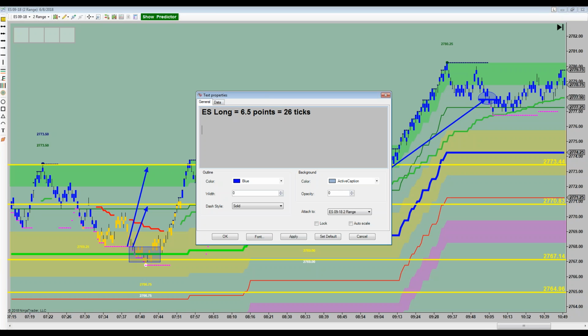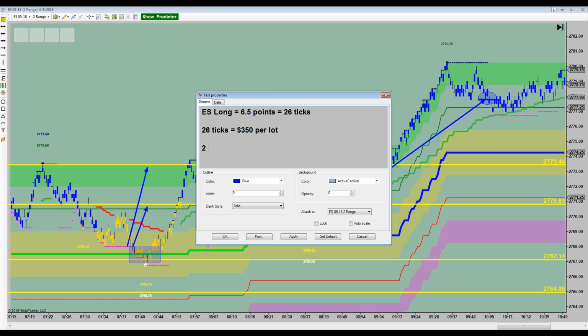And 26 ticks equals how much? Times 12.5. Anybody got a calculator handy? I don't have my calculator handy. Is that 350? Peter? Yeah, 6 times 50 is 300, yeah, 350. Okay, good. Saved. I don't have to break my slide rule out. Oh, and that was per lot.